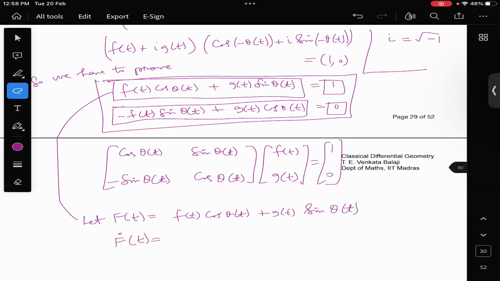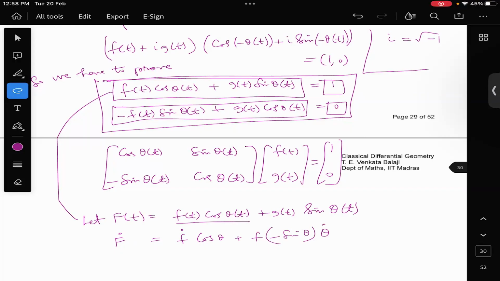Let's write the derivative. So let me just suppress the t's so that it's easier to write it, and simply write the dot, and remember that dot is d by dt. So if I differentiate this, I will get f dot cos theta, mind you theta is theta of t, I am suppressing the t, plus f into derivative of cos theta, which will be minus sin theta into theta dot, okay?